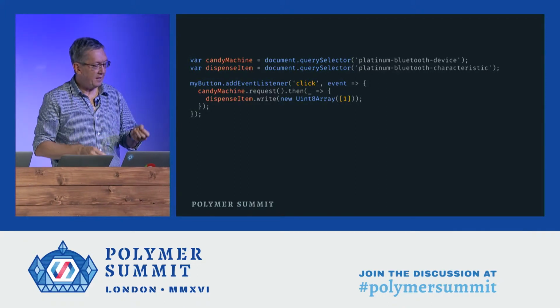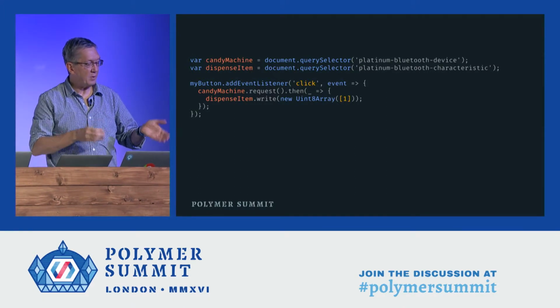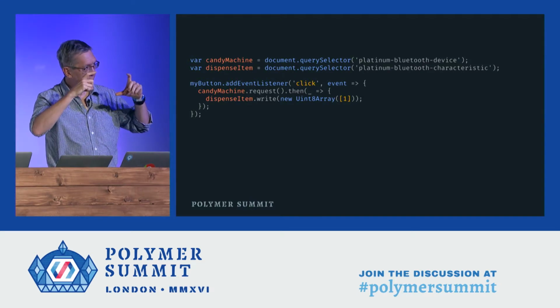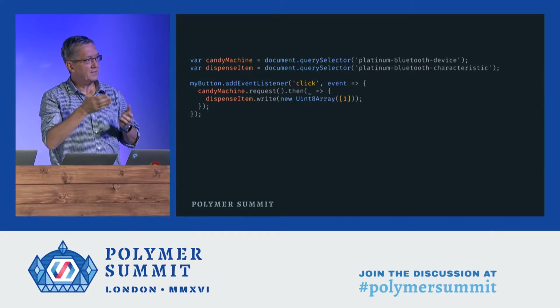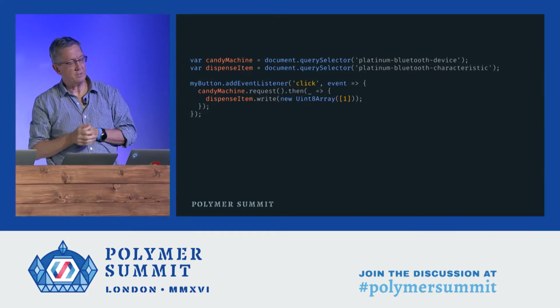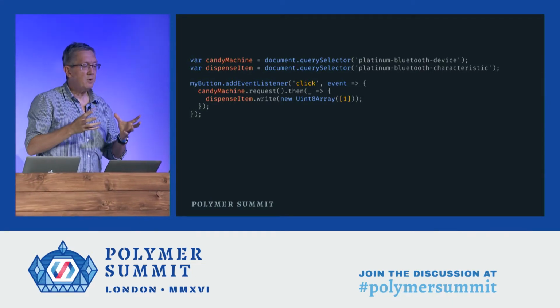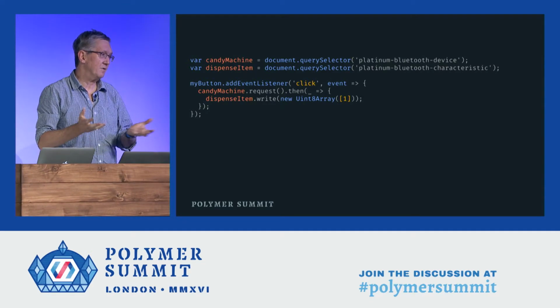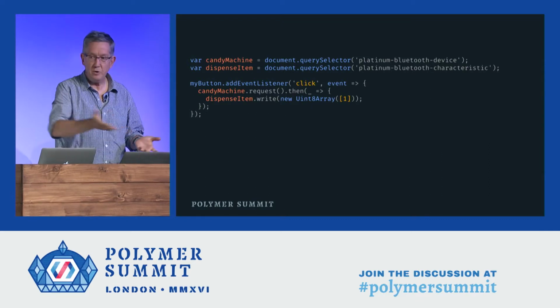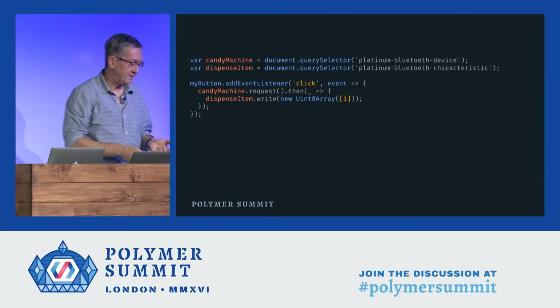When you get the click, you just request the item, which brings up that prompt. Then you just write a 1, which writes the single value to it. Polymer makes this exceptionally easy. And we think it's a helpful, simple way, because with this much code, you can control a device, and it's really fast and easy.